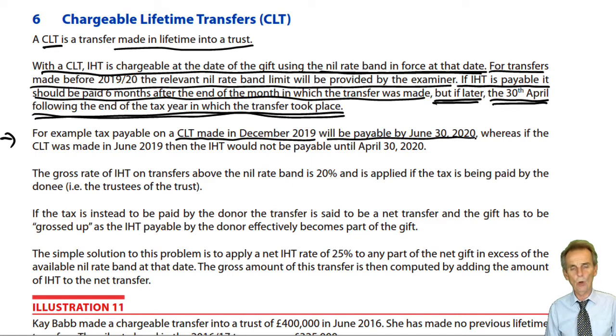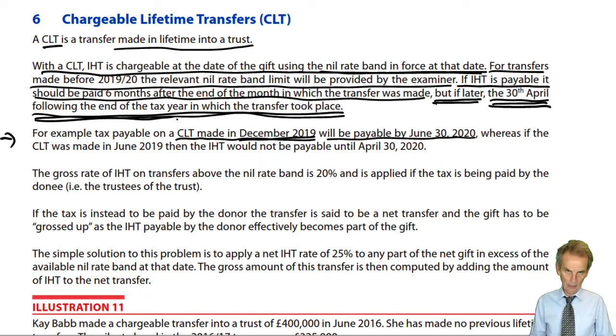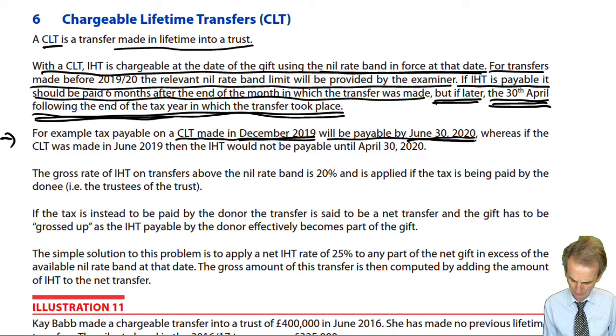Remember what the first rule was: 6 months after the end of the month in which the transfer occurred. The transfer was December 2019, and 6 months after that would be 30th of June 2020. But if it had been later, we would have instead used the 30th of April following the end of the tax year. Well, that would have been the 30th of April 2020. That is not later. Therefore, June 30th is the later of the two dates. That is what you would use.